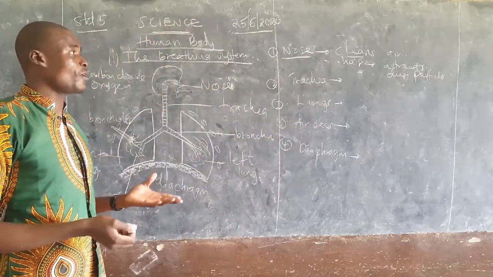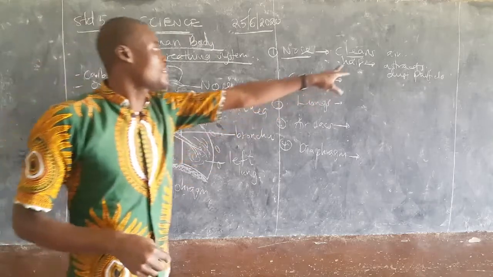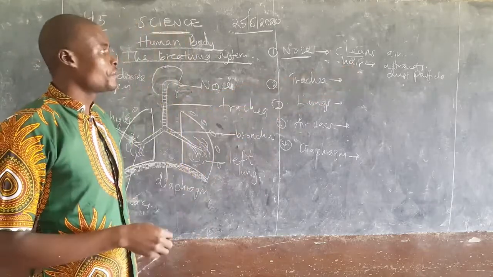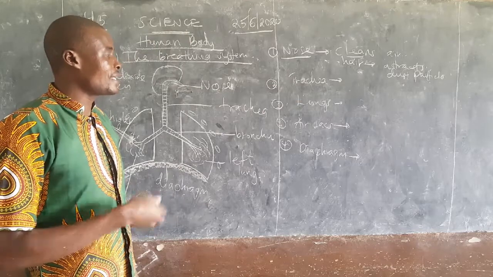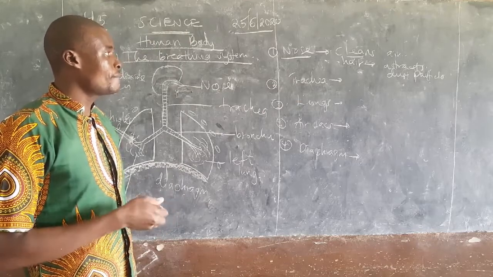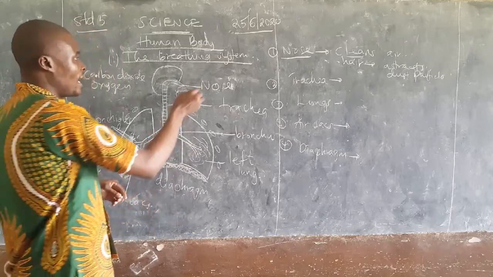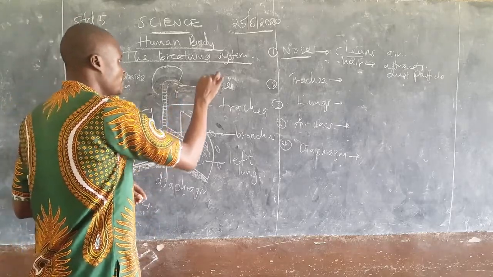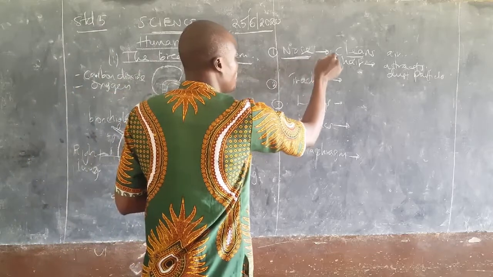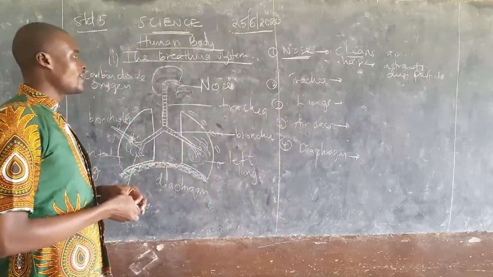The major role of the mucus is the same as the hair, it also cleans. It attracts any dust particle that may enter the lungs. So the first thing is that the nose contains mucus and hair that do the cleaning part of the air.